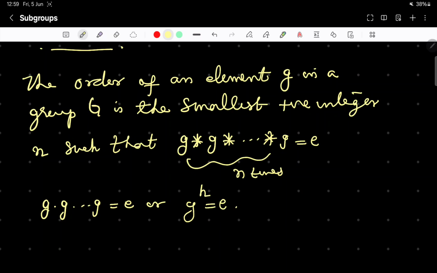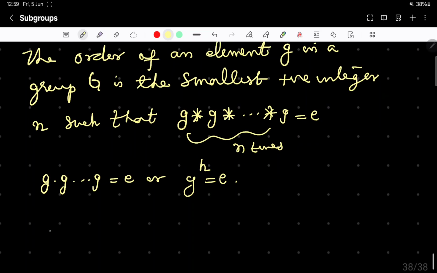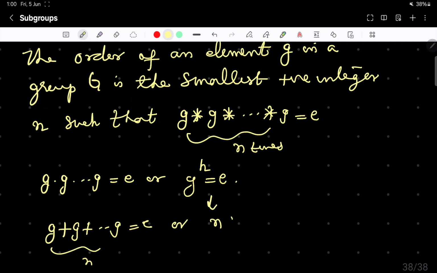It is understood that the star is an operation, right? If you are adding things, then the operation would be addition, so this will be translated to n times g is equal to e. It depends on the operation.